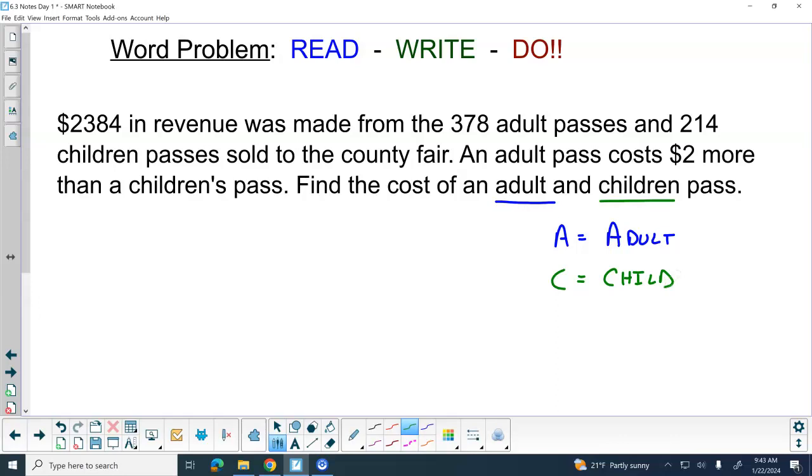First equation: 378 adult passes. We don't know what the cost of an adult pass was, so we're going to call that A, plus 214C gets me $2,384.